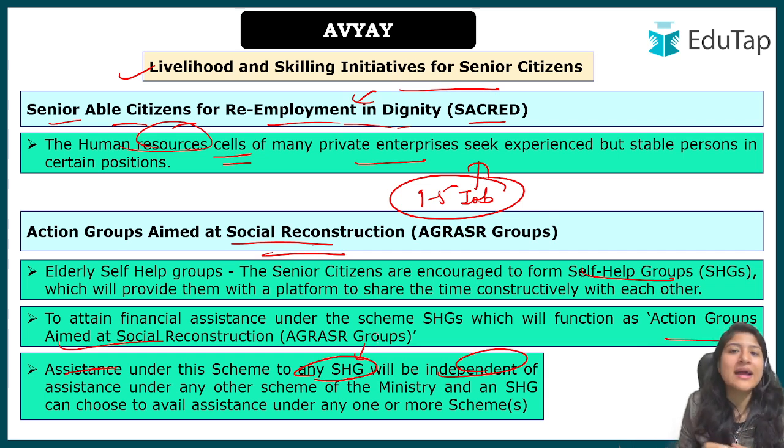And we know that in various schemes it is mandatory that if you have already taken benefit from some other such scheme, then you are not eligible for that particular scheme, right? For example, if I have already taken a loan under one type of scheme, I cannot again take a loan under some other type of scheme, right? But in this case it is not like that, because all these schemes are for senior citizens. So if in Rashtriya Vayoshri Yojana I took some benefit, a benefit of a social security scheme, it does not mean I cannot take financial assistance for the SHG, right?